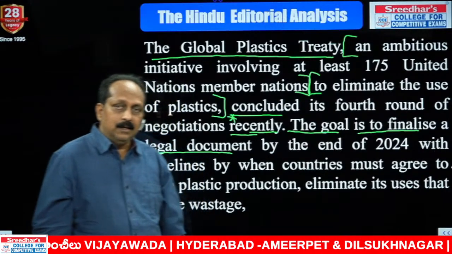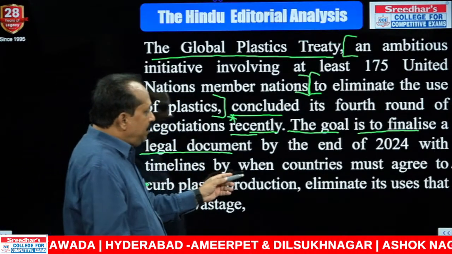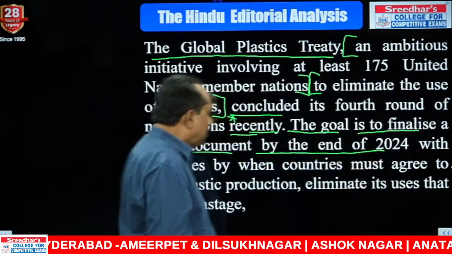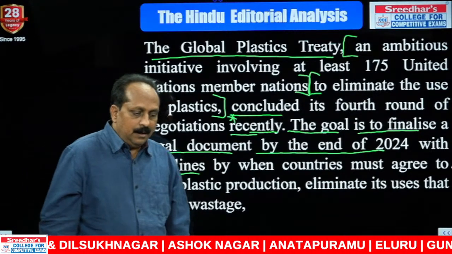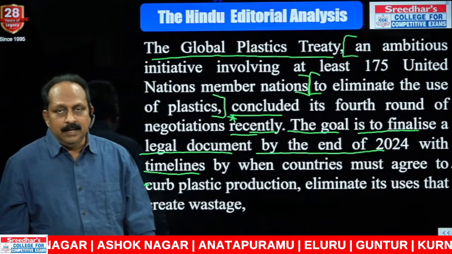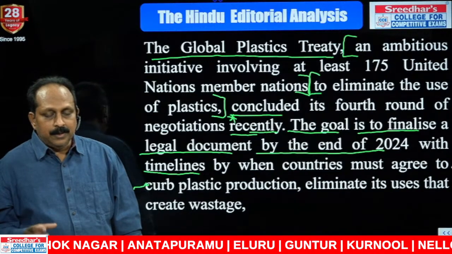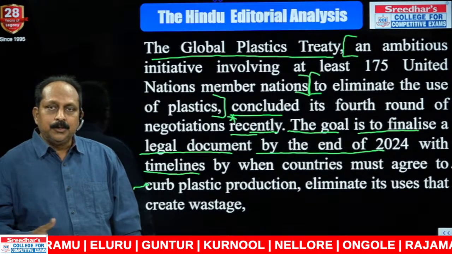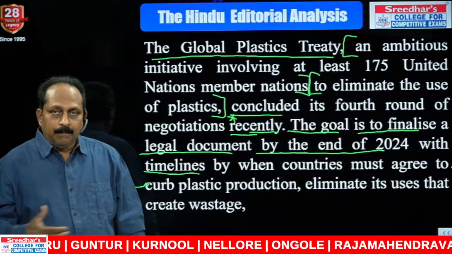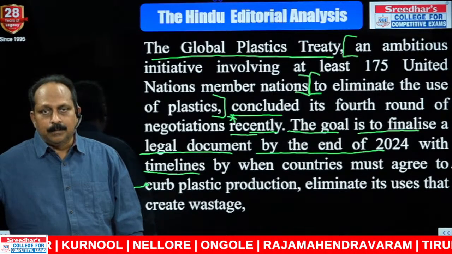The goal is to finalize a legal document by the end of 2024 with timelines. They are trying to finalize a legal document, and this legal document has the timelines or the deadlines for the countries to do certain things, by which time countries can do something.